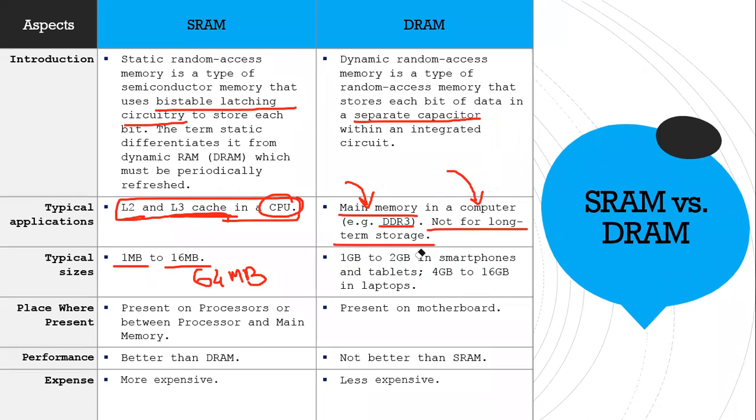So you can change it if you want. You can change this one to 1 GB to 16 GB or 18 GB, because it is already available in the market, right? Right, everyone? You do not have to write 2 GB. Write 16 GB or 18 GB, no problem, because it is already understood. Now this one, yes, 4 GB to 16 GB in laptops or desktops. But this has also changed.